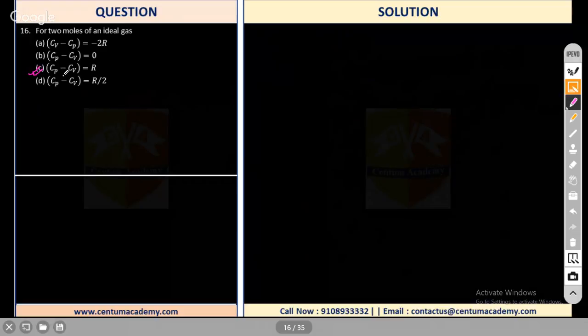No matter whatever the number of moles you have, okay? Because if you see the derivation of this, delta H is equals to delta U plus P delta V, we can write. Okay? Delta H is NCP delta T. Delta U is NCV delta T plus P delta V. Now in this, we are dividing by N delta T, both side.